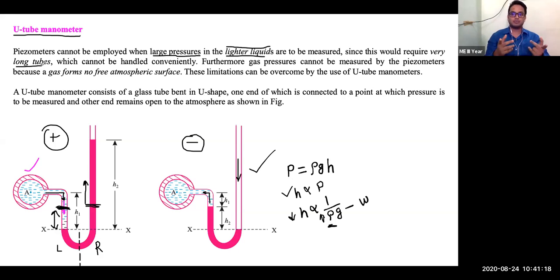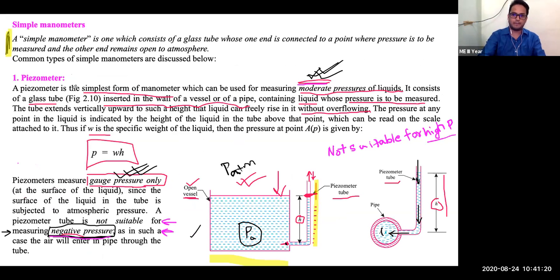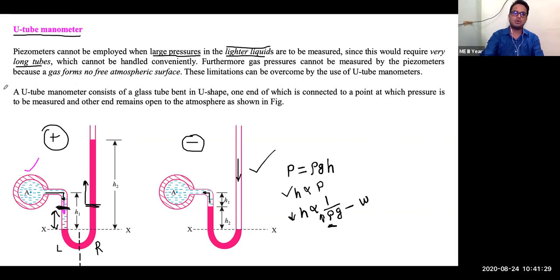So what will you need? You need a pipe with a very long length to measure the pressure of lighter liquids. So piezometers cannot be employed with large pressures or lighter liquids, because you need longer tubes which cannot be handled conveniently.